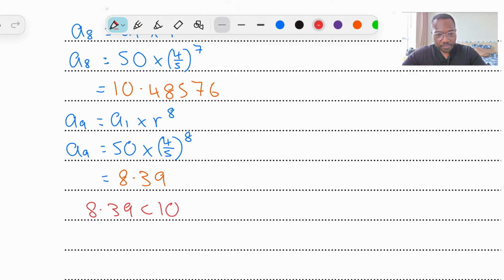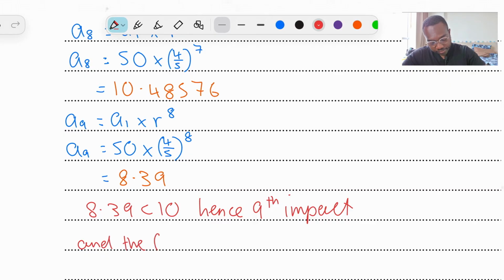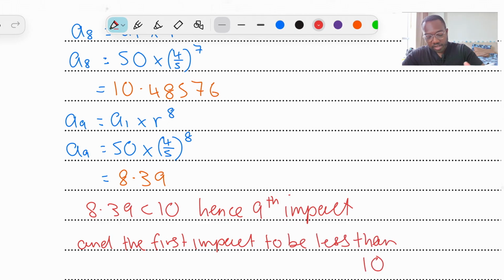Therefore, hence the ninth impact is the first impact to be less than 10. You can always write that, something like that. Nice, easy marks.